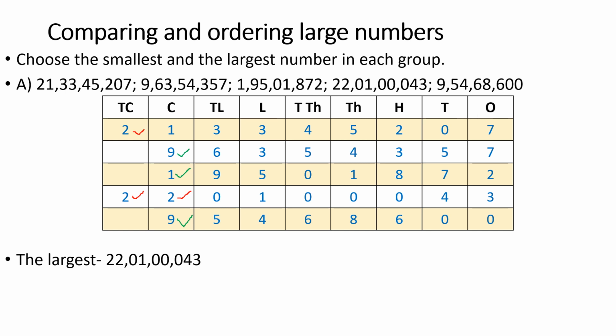So we will now compare among these 3 numerals. Now we will see, here is 9, here is 1 and here is 9. So which one is the smallest? Definitely 1 is smaller than 9. That's why this numeral is the smallest. It means the smallest numeral will be 1 crore 95 lakh 1872 in this group.